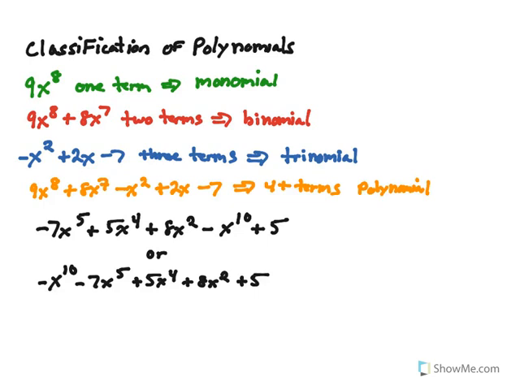And by the way, the leading coefficient, okay, as a little bit of terminology, the leading coefficient in this case would be -7. Okay, so -7. And here, there's an imaginary -1. So those are called leading coefficients.